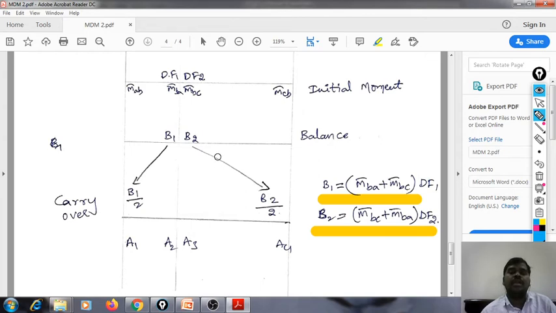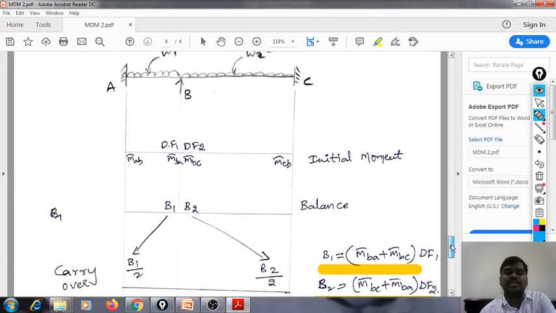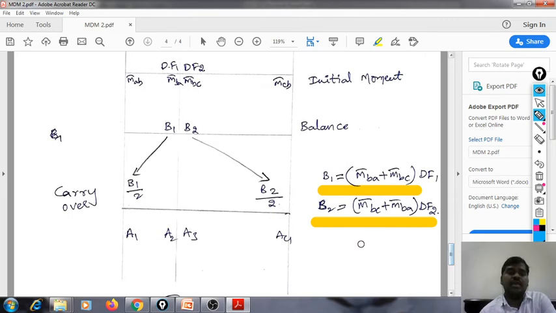B2 is also sent to the ends as B2 by 2 and B1 is also sent to the ends as B1 by 2. This is called carryover. If the ends are fixed like this, A is fixed and C is fixed, for that reason we are distributing B1 and B2 as half here. If the far ends are simply supported, then the criteria will be another, which will be explained in the upcoming videos while doing problems.